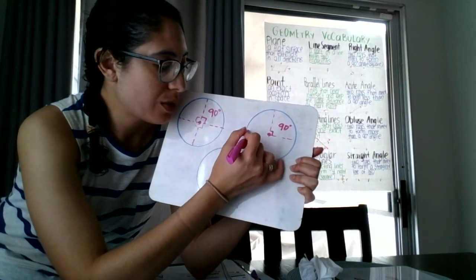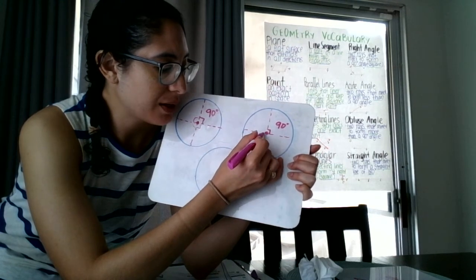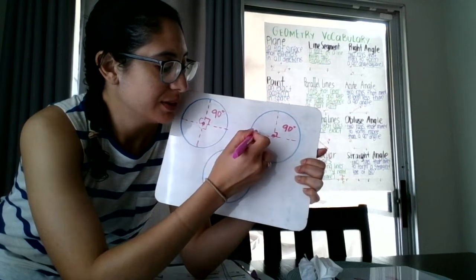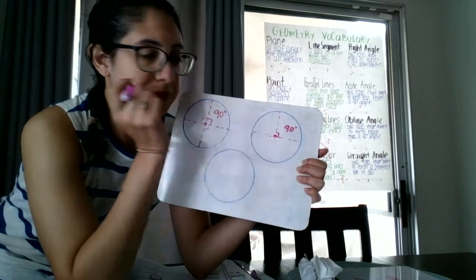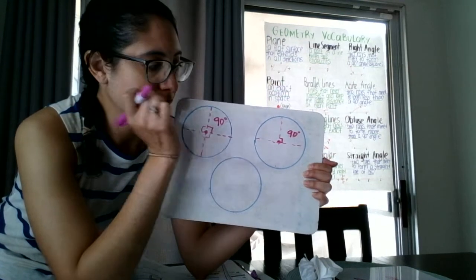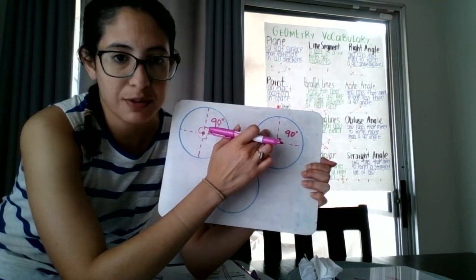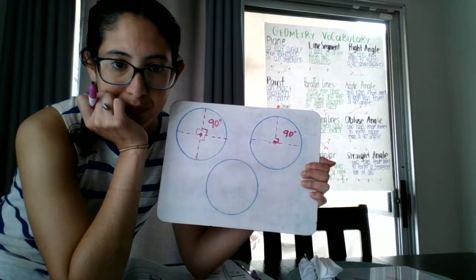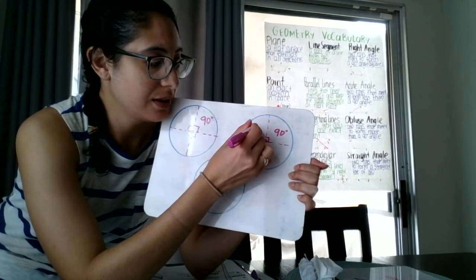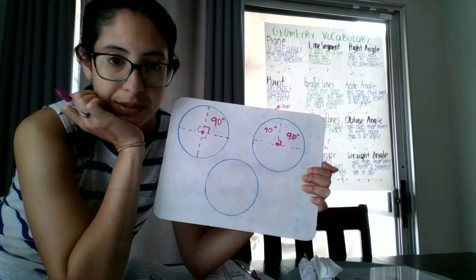What if I were to draw this back in? It's a little crooked. Okay? We have something else over here. What is that? It's still 90 degrees, right? 90 degrees.